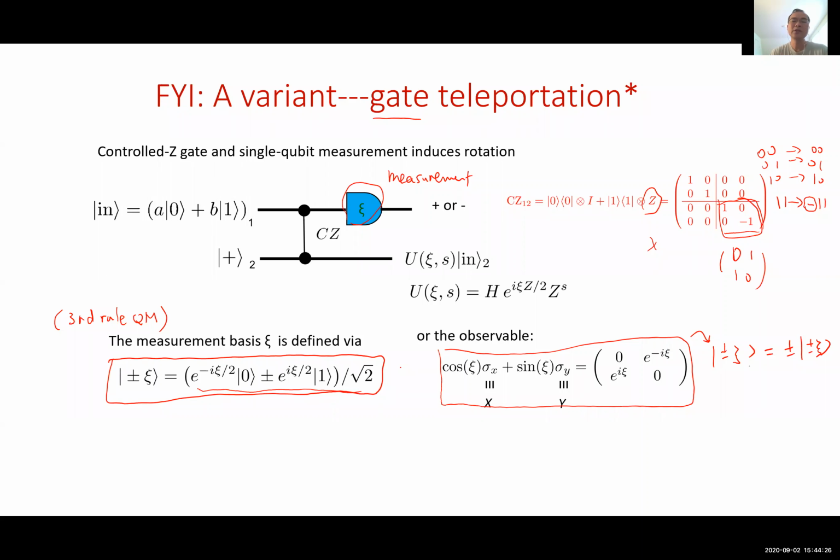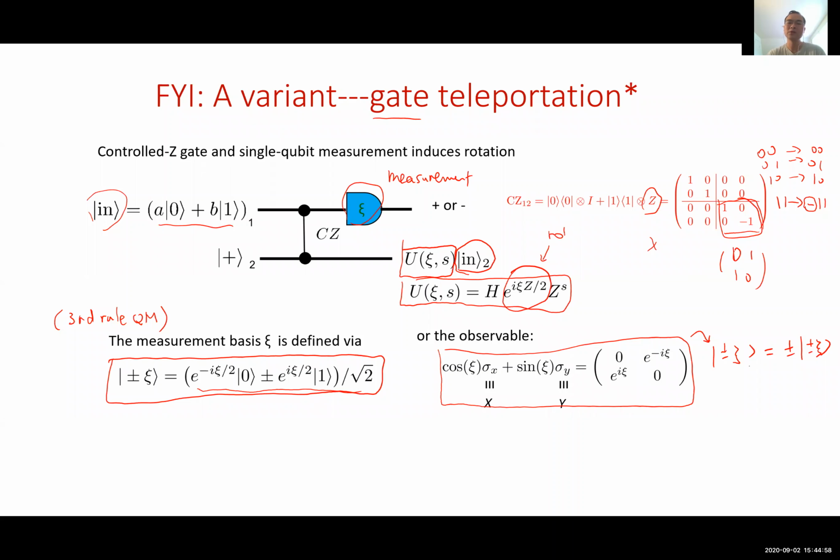What is slightly different from the goal of teleportation here is I want to have the information teleported to here. So the input state should teleport to the second qubit, but I also want to have some action. And you will see the action is related to a rotation. Let me just point out the central key component here.